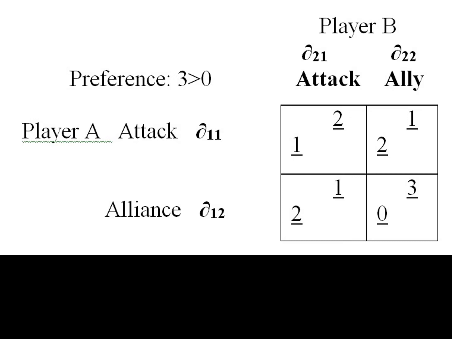And we have theta 1,1 for player A's attack strategy, theta 1,2 for player A's alliance strategy. Player B's attack strategy is theta 2,1, and player B's ally strategy is theta 2,2. These could just as easily be represented by x and y's. But I've chosen to use these variable names because it's what's traditionally done. Although you are welcome to use simpler variables like x and y or a and b.